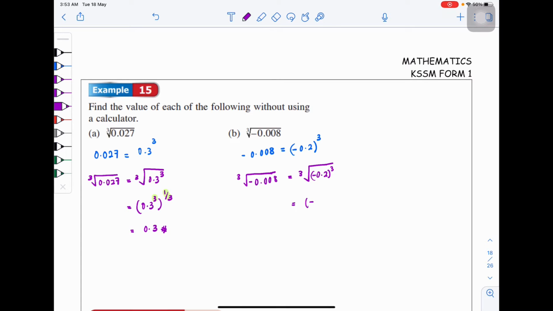So we know that for negative 0.2, the cube root is actually to the power of 1 over 3. So we multiply the powers 3 and 1 over 3 and it becomes 1. Therefore, the final answer is negative 0.2.